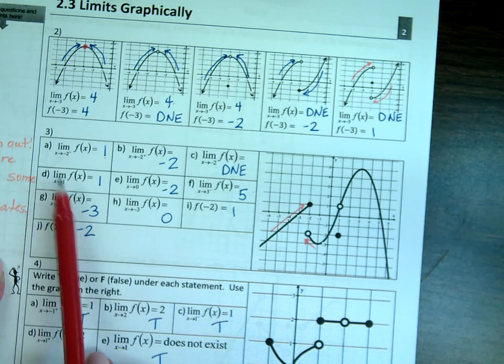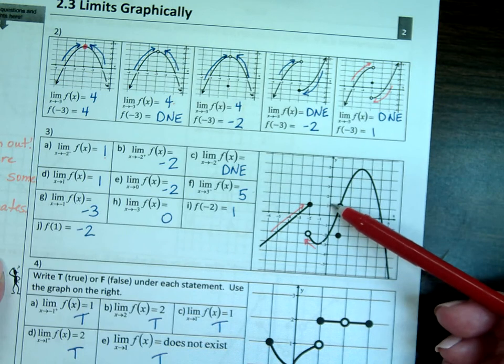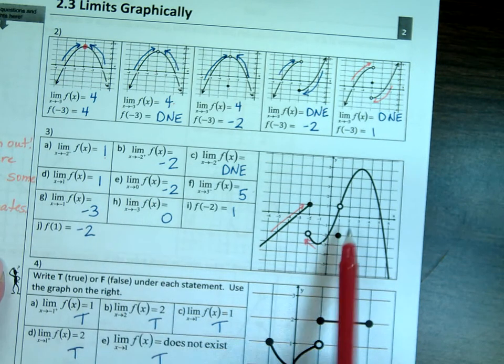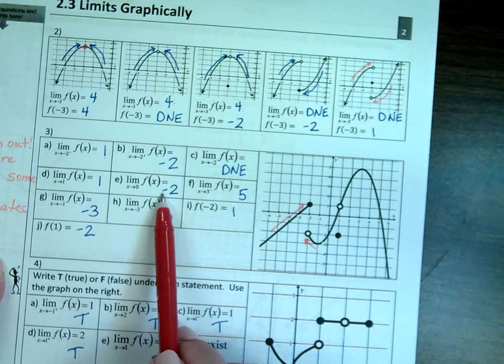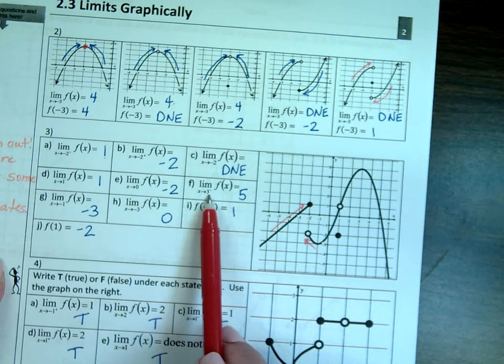This one is, what's the limit at 1? If I'm at 1, I come from the left, I get a y value of 1. If I come from the right, I get a y value of 1. So my limit's 1. If I go to 0, from the left is -2, from the right is -2, I have a limit because they're the same. This one is asking me just for approaching 3 from the left.